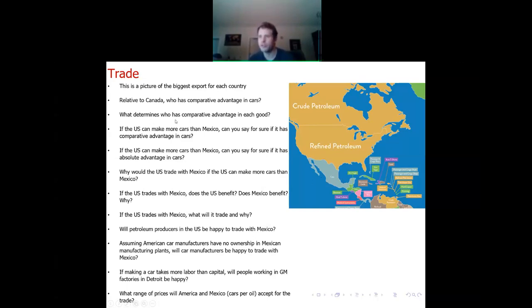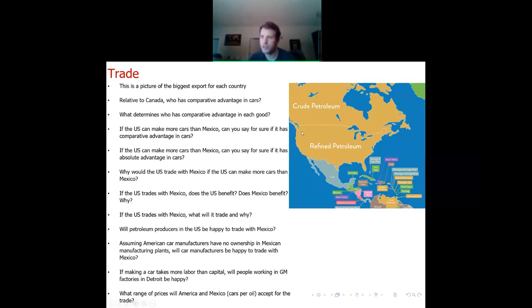Okay, what determines who has comparative advantage in each good? Essentially, you have comparative advantage if you have a lower opportunity cost for that good. So Mexico makes more cars per unit of petroleum than Canada does. That's why Mexico has a lower opportunity cost for cars, and they have comparative advantage in cars. Likewise, you could say the flip side for petroleum for Canada.